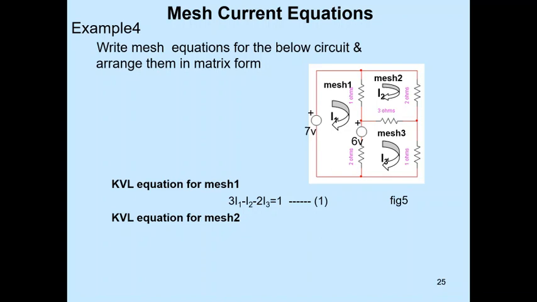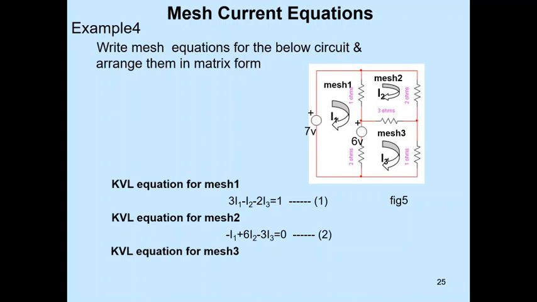And in 3 ohms, the current is I2 minus I3, both in opposite directions. So the second mesh equation is 1 into (I2 minus I1) plus 2I2 plus 3 into (I2 minus I3) is equal to 0. By rearranging, we can write minus I1 plus 6I2 minus 3I3 is equal to 0. This is the second mesh equation.